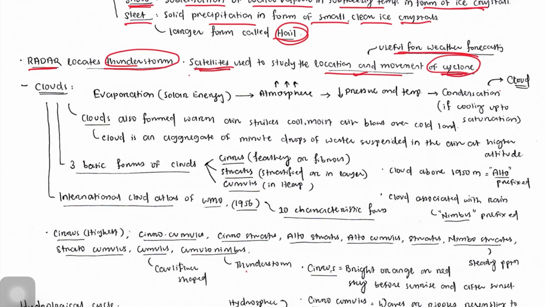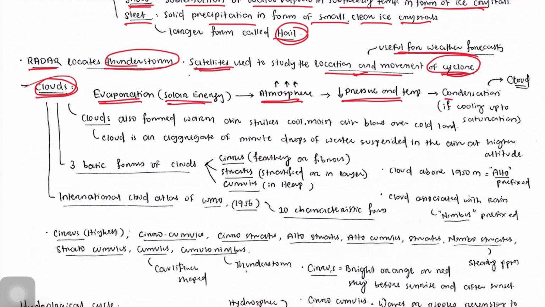Now, how does rainfall happen? Rainfall happens due to formation of clouds. So how does cloud formation happen? After evaporation of water from any water body through solar energy. Basically, solar energy provides the latent heat of vaporization of water. So the water in vapor form moves to the upper atmosphere. In the upper atmosphere, pressure drops and temperature also drops.